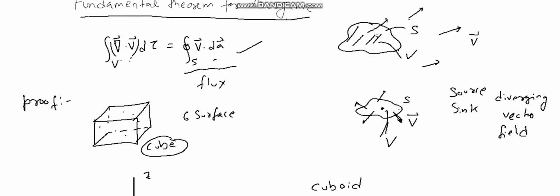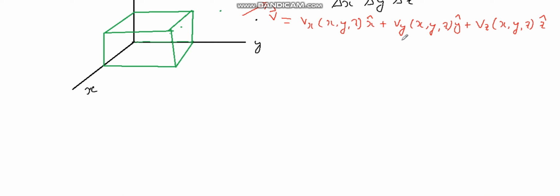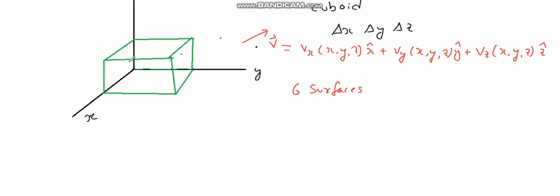So what we have to do first is calculate the flux that is coming out of all of these surfaces. Of course we know that we have six surfaces. This is the first surface, and opposite to that we have the second surface, then the third, fourth, fifth and sixth.